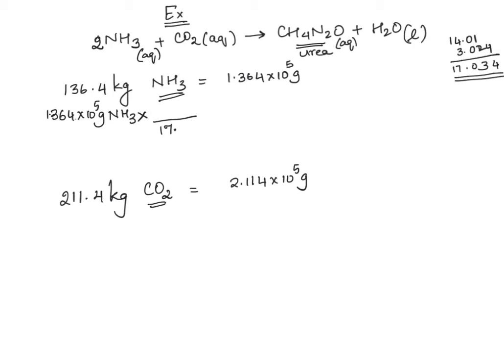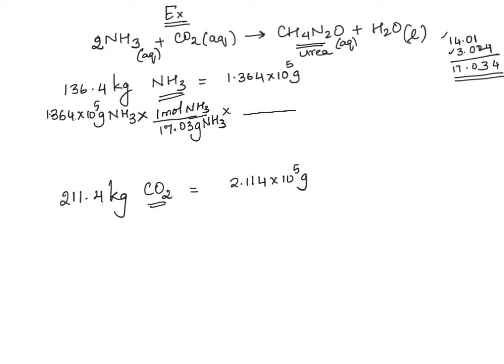So 17.03 grams of ammonia is 1 mole of ammonia, and these numbers I got from the periodic table.